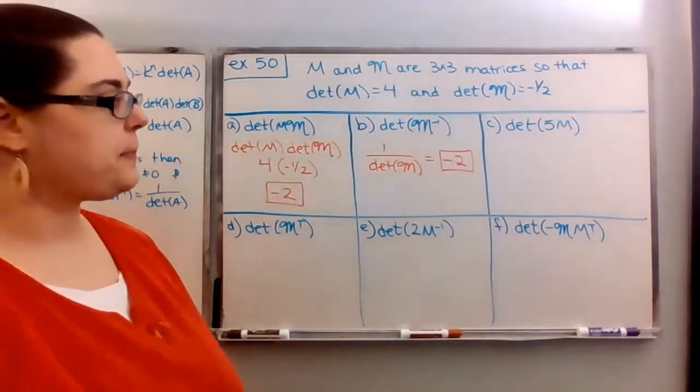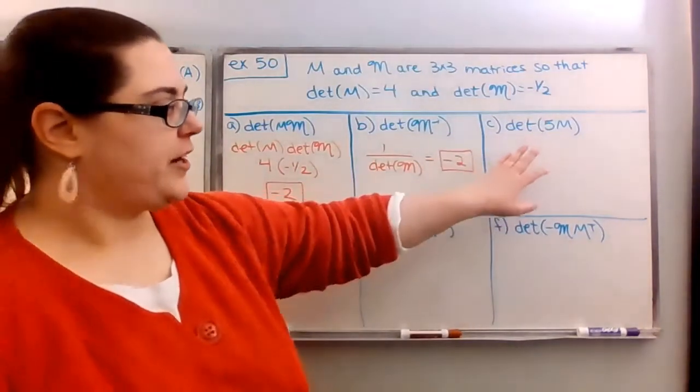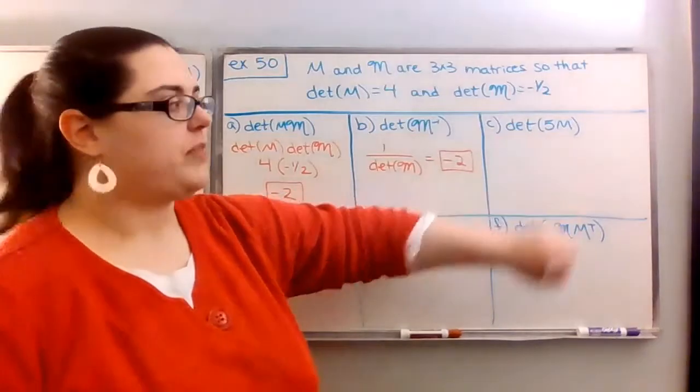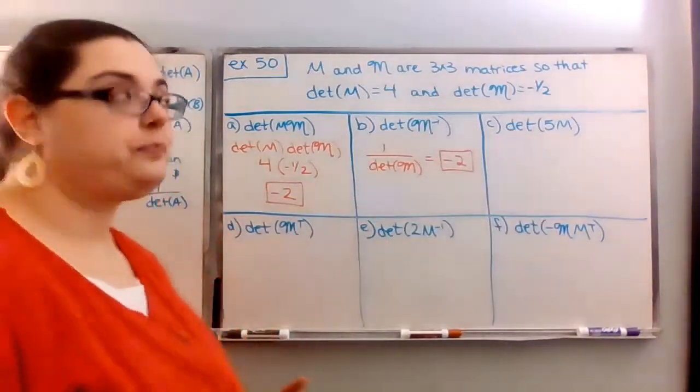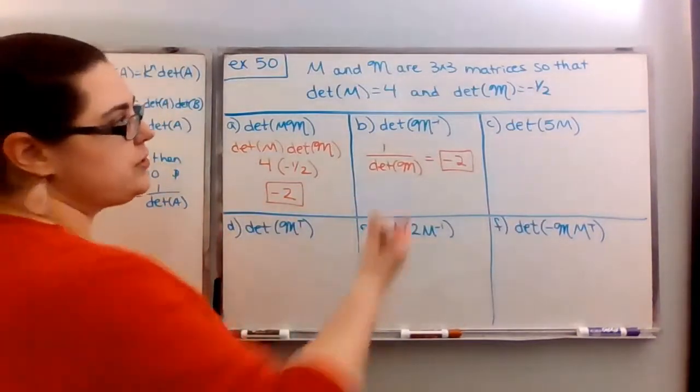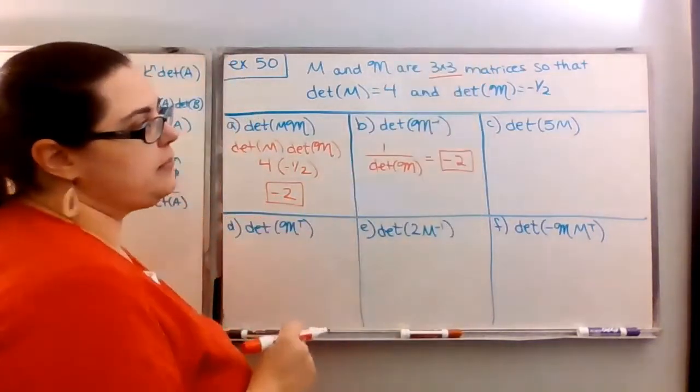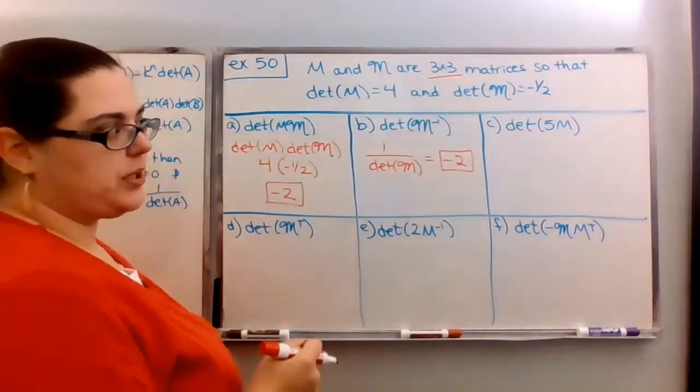Not too bad. For part C, to find the determinant of 5M, I need to know the dimensions of M, which so far we haven't had to use. But we're told that M is a 3 by 3 matrix.